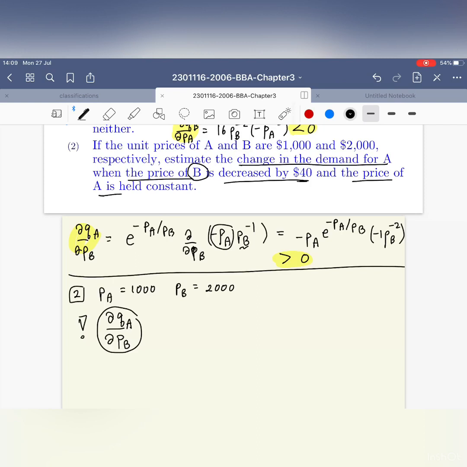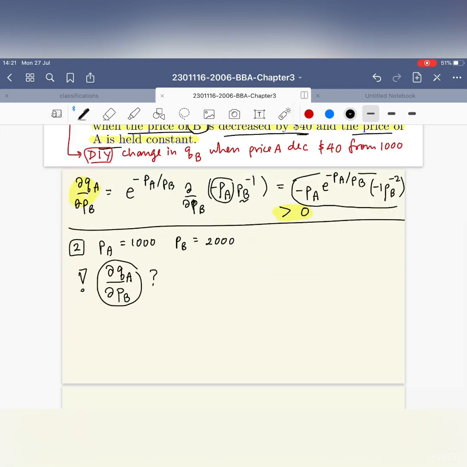However, we really need to find this one. What they ask you to do is find QA when your price A is fixed at 1000, but your price B decreases by 40 from 2000, compared with the demand at the original prices of 1000 and 2000.